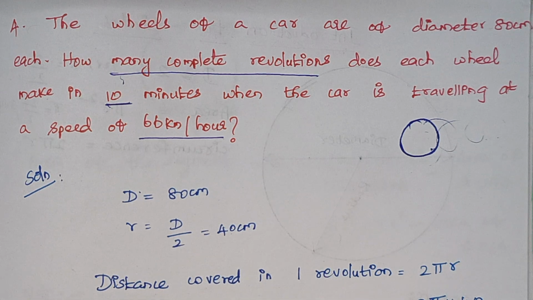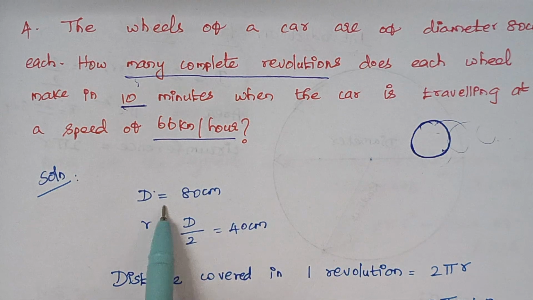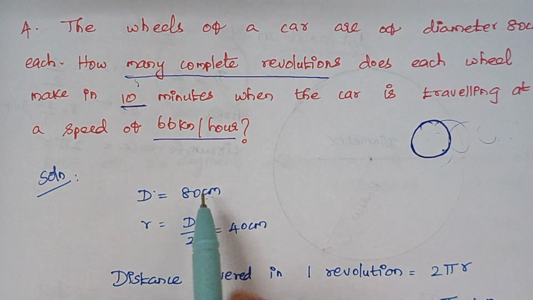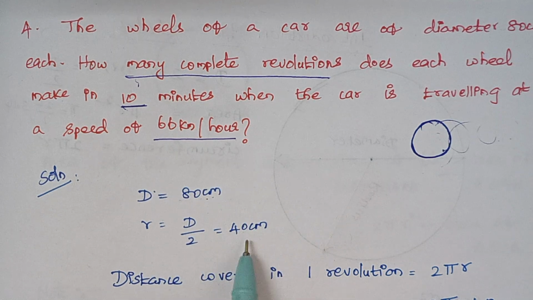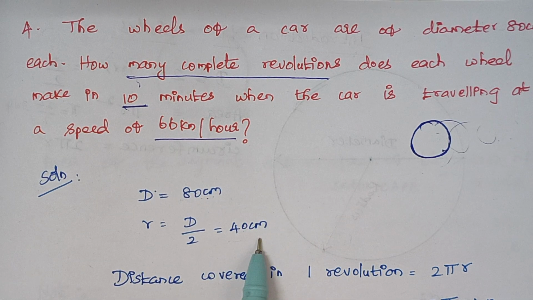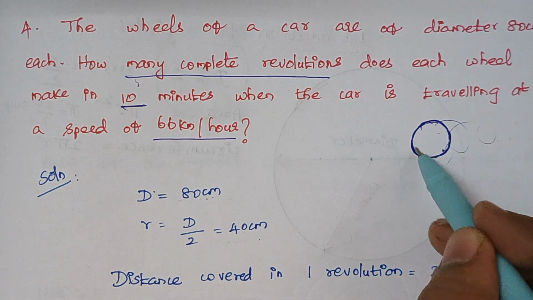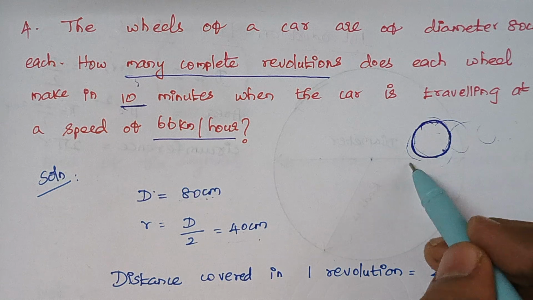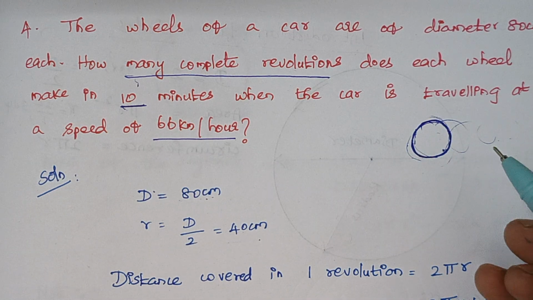This is the thing. So here the first thing is, the diameter is given 80 centimeter, and therefore we are finding the radius, which is d by 2, 80 by 2, that is 40 centimeter, right? So what do you mean by distance regarding a wheel or regarding a circular path? This is nothing but circumference, right?